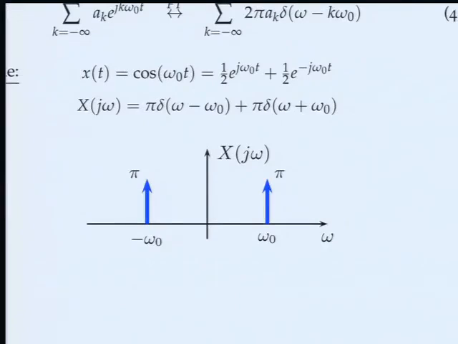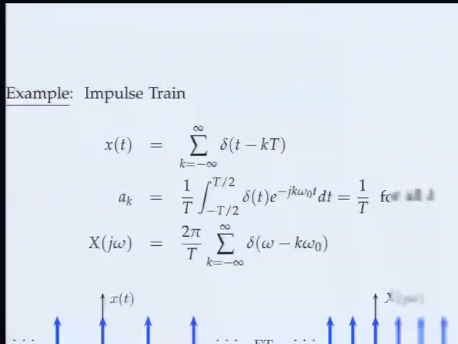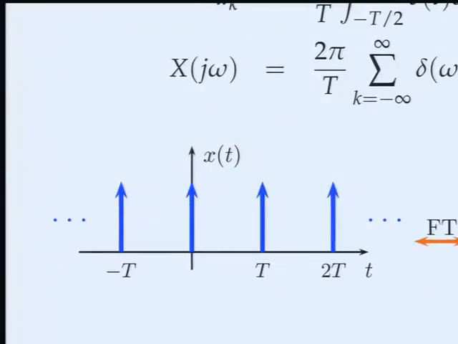Okay? But we can also talk about the Fourier transform of an impulse train. We will see impulse trains later, but an impulse train is really this. It's like a train of impulses, right? A bunch of impulses that come periodically, every capital T units of time.